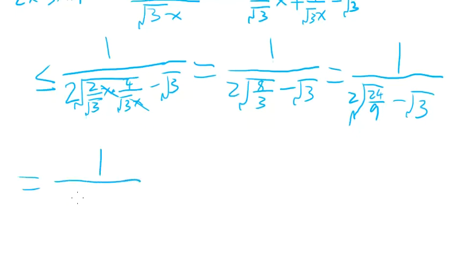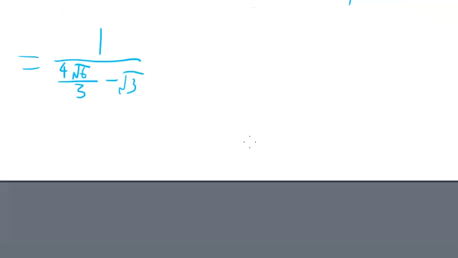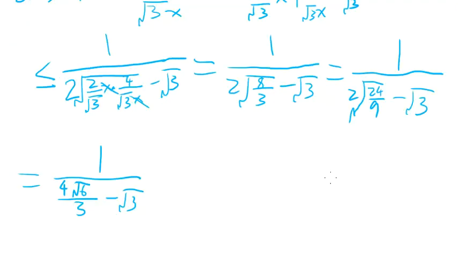Still 1. 3. 2. We can factor out 4. This becomes a 2. 2 2 is 4. 6. Okay. So that's it.